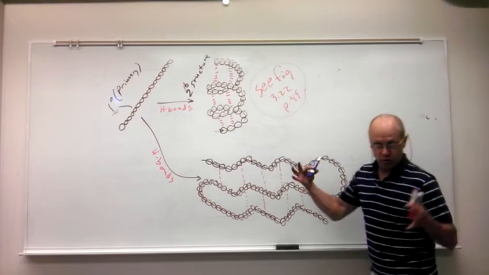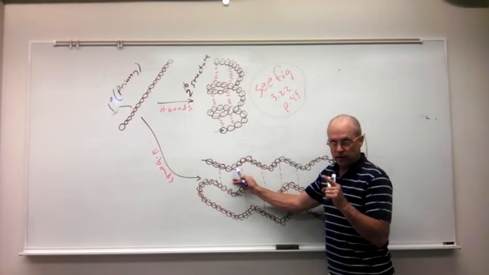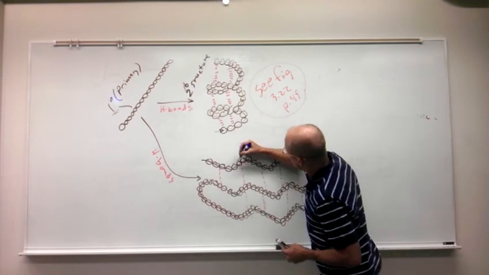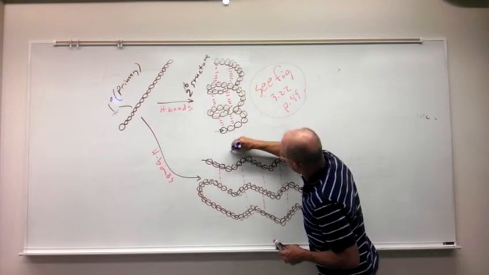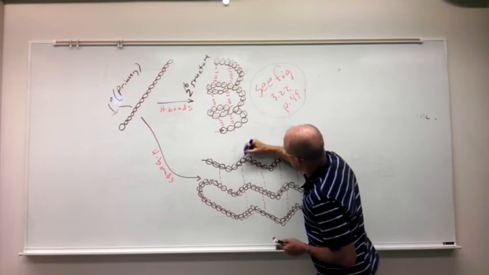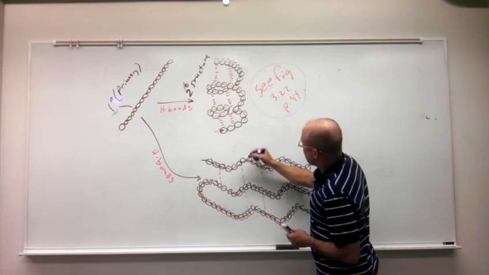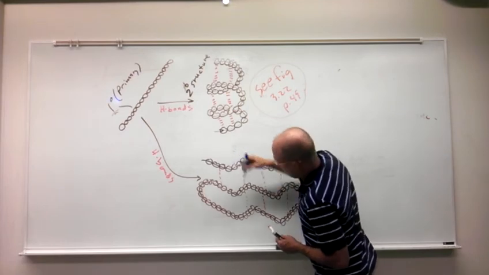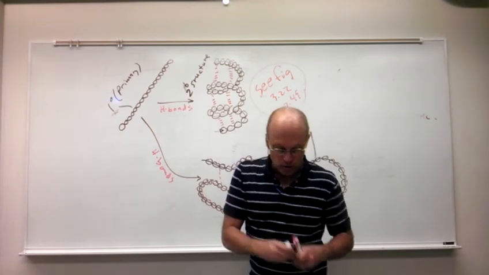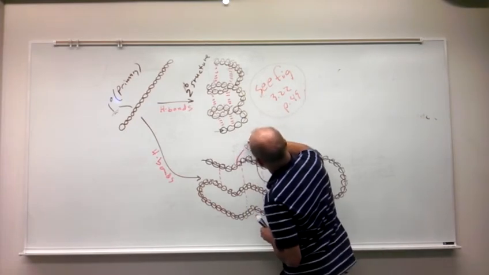Of course, just to take a look at this, you know that each one of these circles is an amino acid. All these are amino acids. And that means that whatever the little bond is that's holding those together, that little bond is the peptide bond, right?